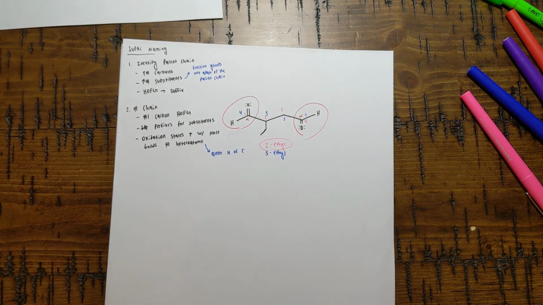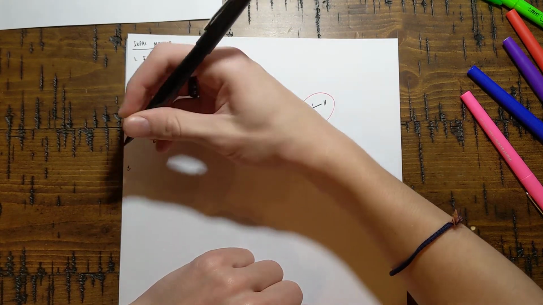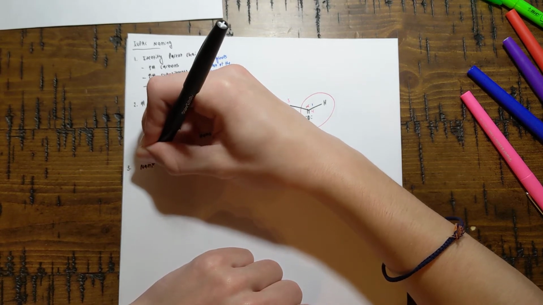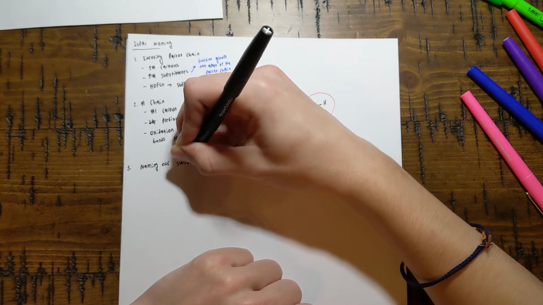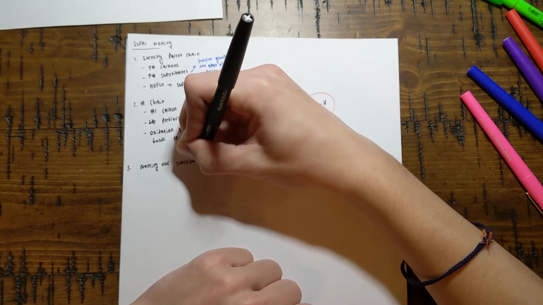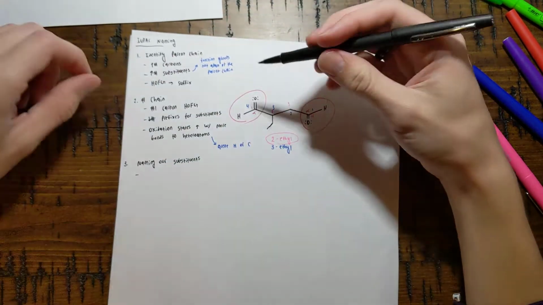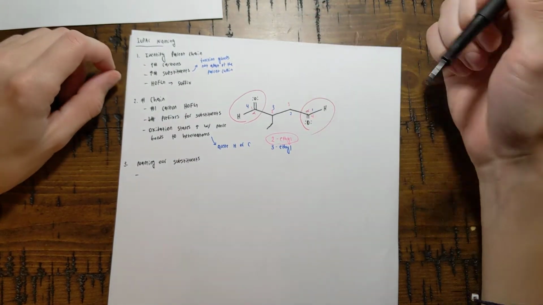Okay, so 3, naming our substituents. Again, it's important to remember that our substituents are the functional groups that aren't a part of the parent chain.